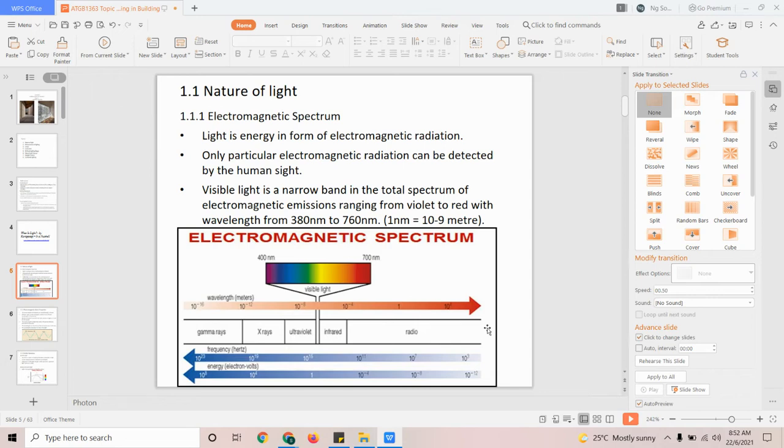As mentioned, there's a very wide range of light, this electromagnetic spectrum, available, and we have evolved to be able to detect or see just a very tiny spectrum of it.